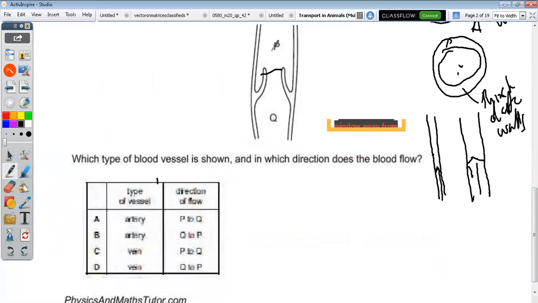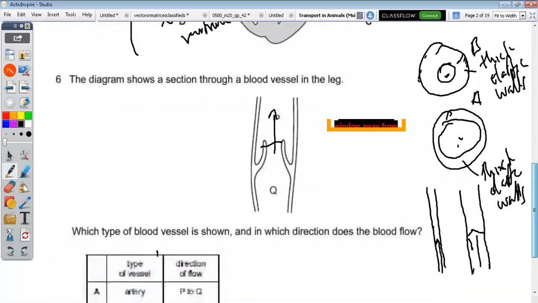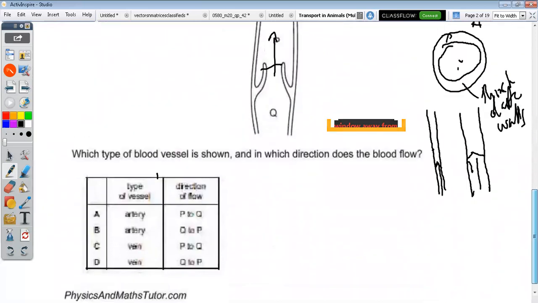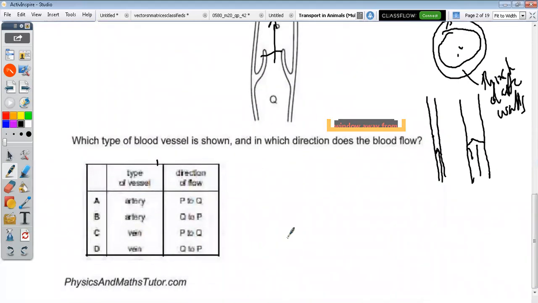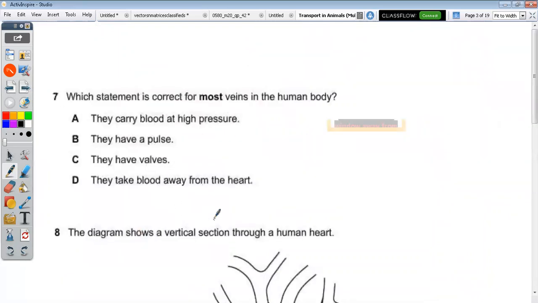So the blood is going up, and you can tell by this. Clear now? So it's a vein. The blood is going from Q to P. Clear now? Yes, sir. Not difficult at all. It's not a difficult topic, but it's a topic where you have to know your stuff.